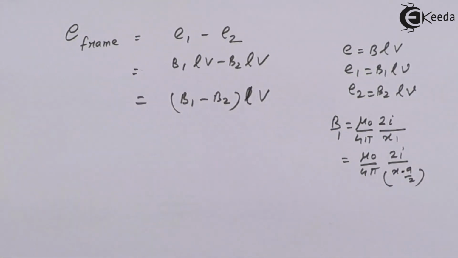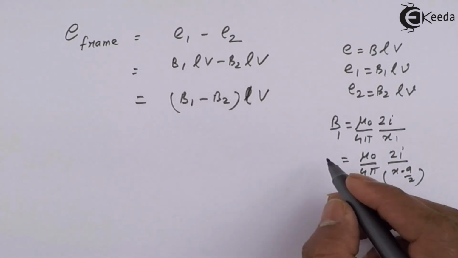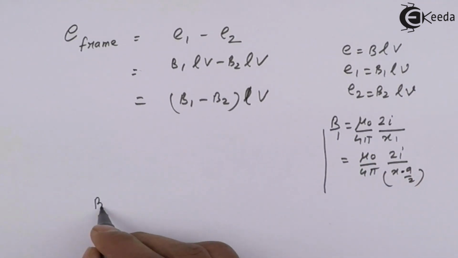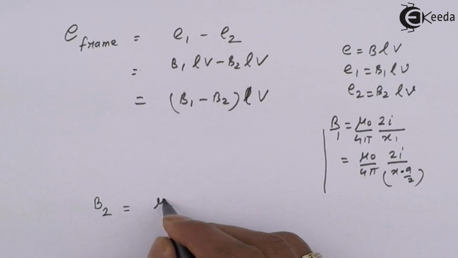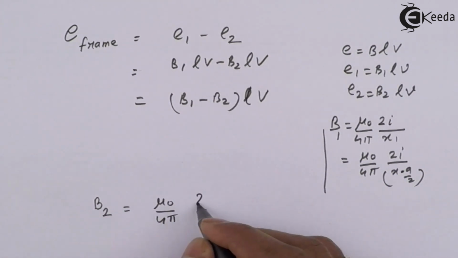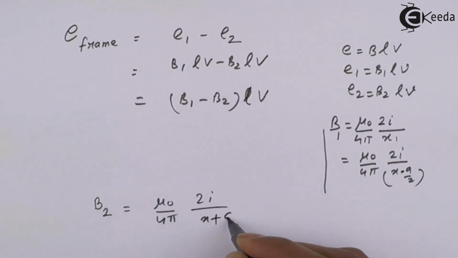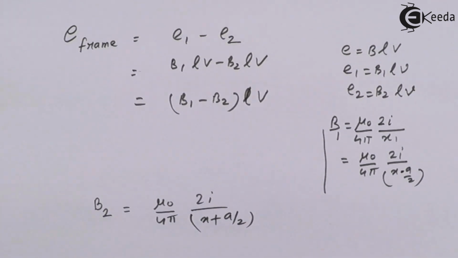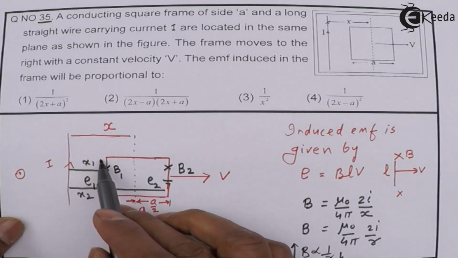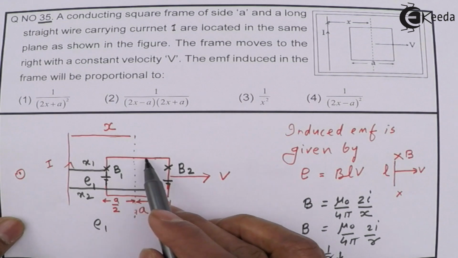Similarly for B2. B2 is mu 0 upon 4 pi, 2I divided by x plus a by 2, because for B2 this distance is x plus this distance which is a by 2.